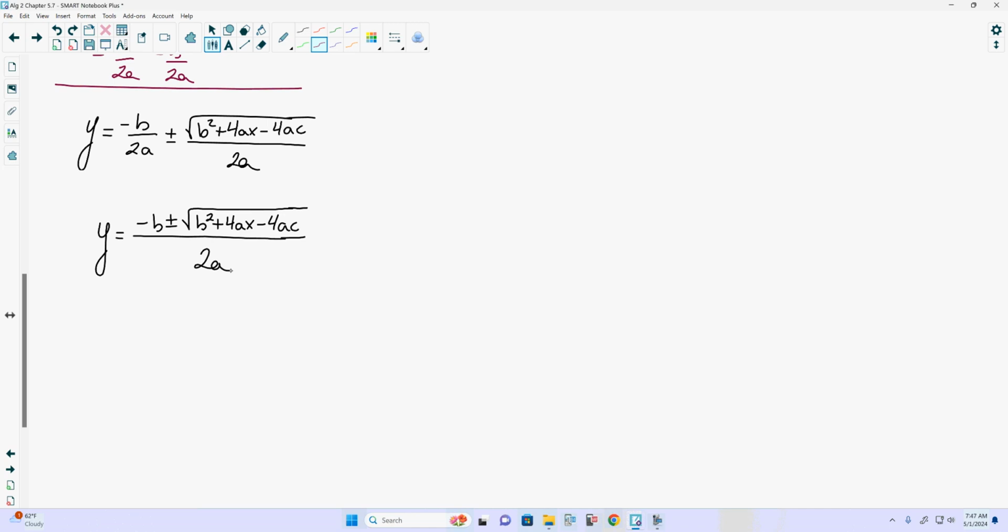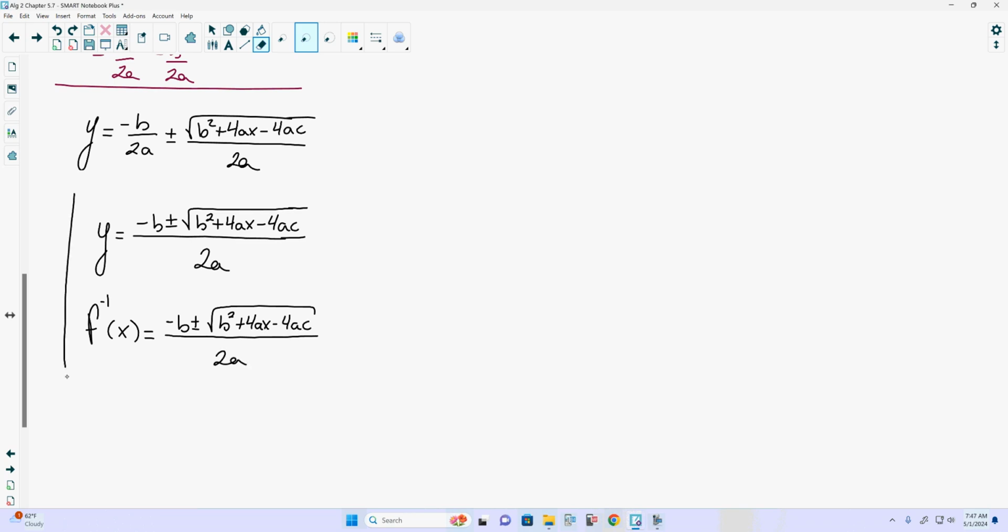And yes, this does look very similar to our quadratic formula, but instead of just having it in terms of a, b, and c, we do have x as well. And that's our formula there.